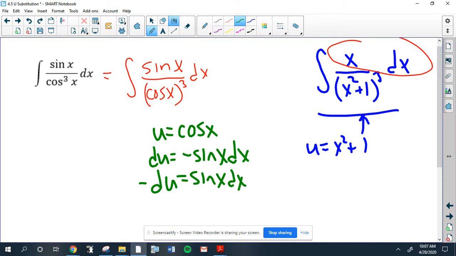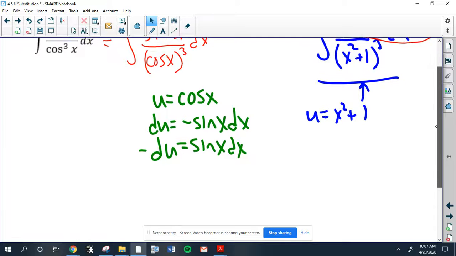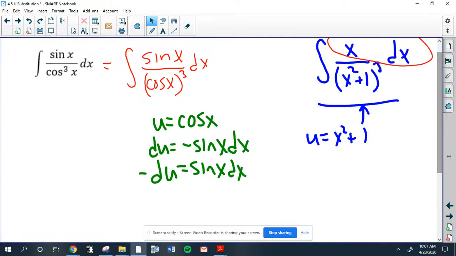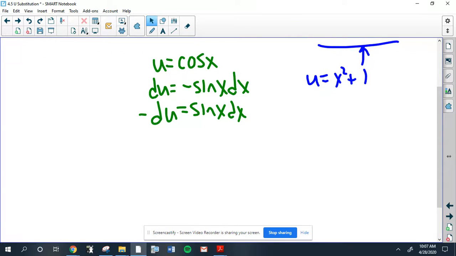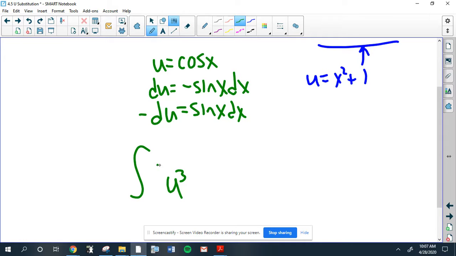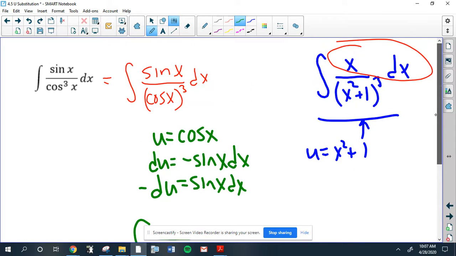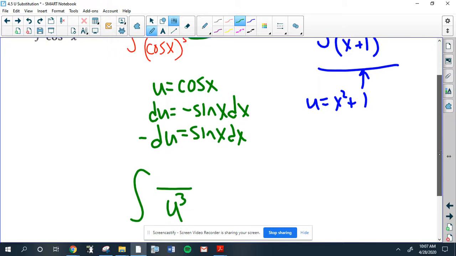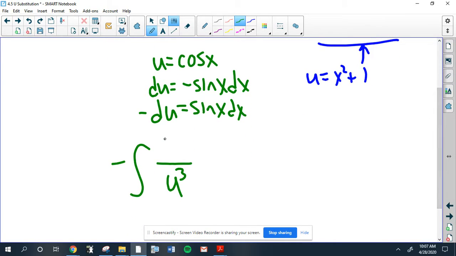So when I do all of my substitutions, I'm going to get this. That's u. So I have the integral of u cubed on the bottom. The top, sine x dx, we see is negative du. So negative du. du is a constant.